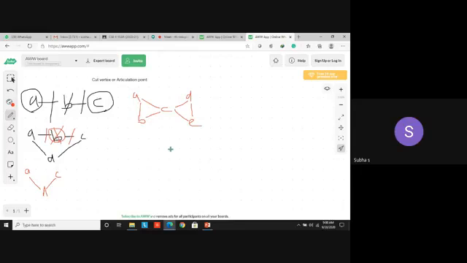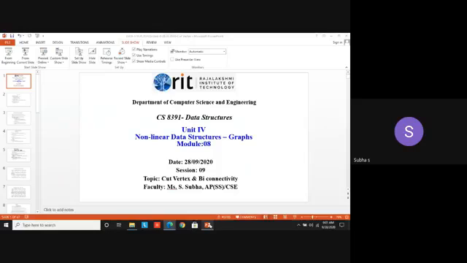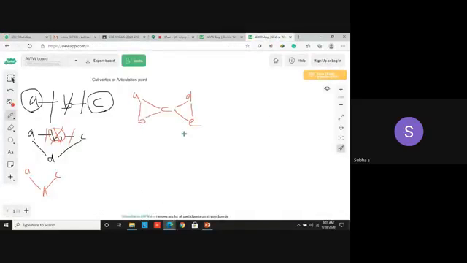Articulation point means if I remove any one vertex and the graph gets disconnected, then that is called as the articulation point. Which vertex is considered? C, ma'am.